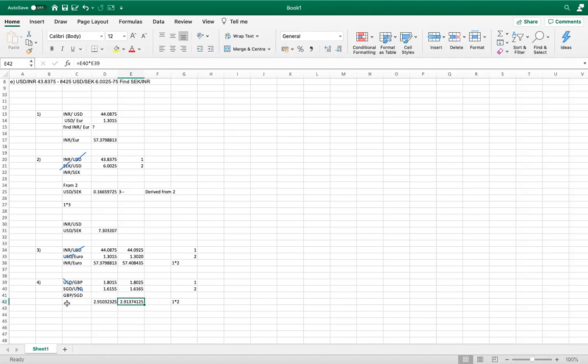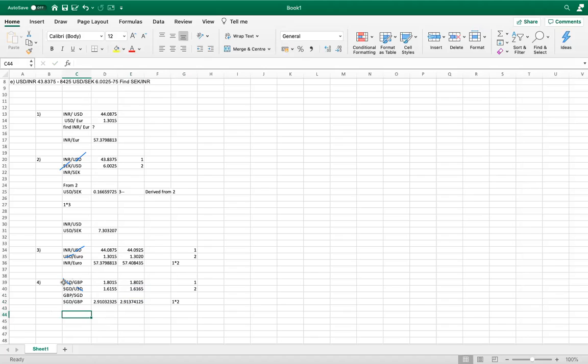When I cancelled, I got SGD, correct? I didn't directly change any side. I got SGD stroke GBP. Understood? What is left? SGD and GBP. But what do I need in the required quotation? GBP SGD, on that side. So what will I do? What can I do now here?